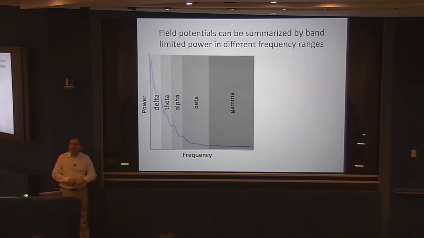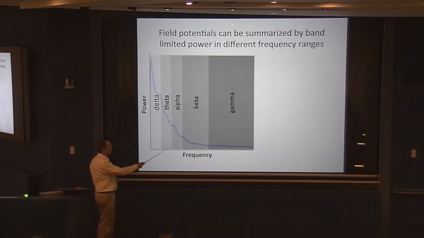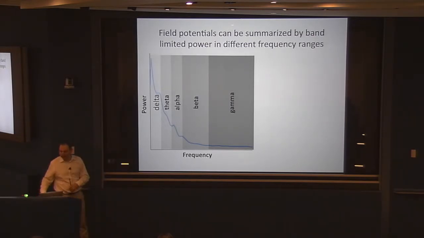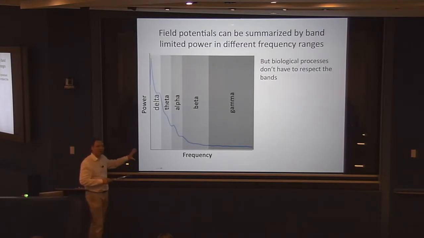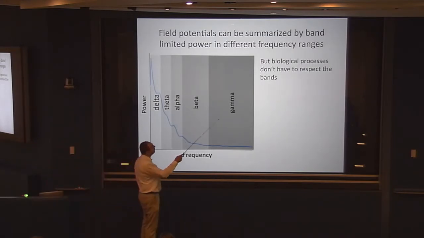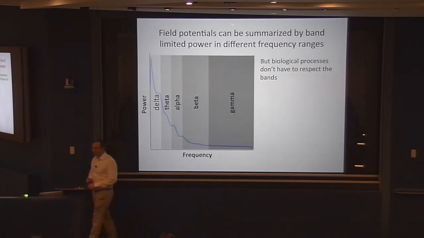bands. What sometimes happens now in the field is that people look at the power in one band, in the beta band or in the alpha band, and use that as a proxy for some kind of biological circuit or cognitive process. And the point I'm going to be harping on for the rest of this talk is that biological processes don't have to respect the frequency bands.